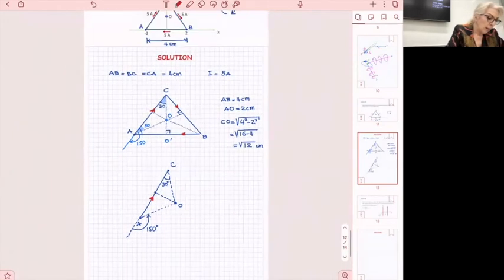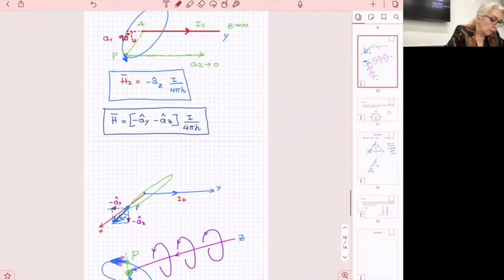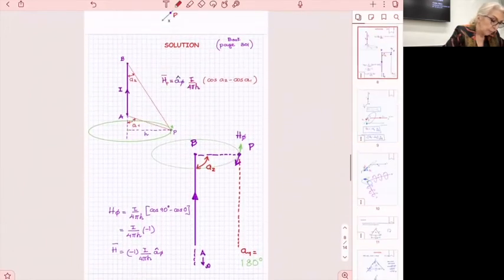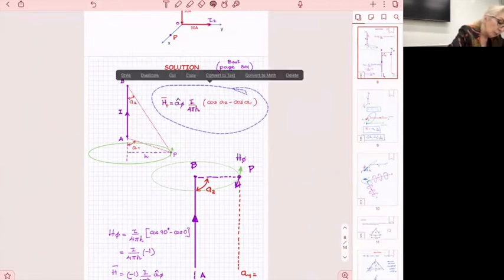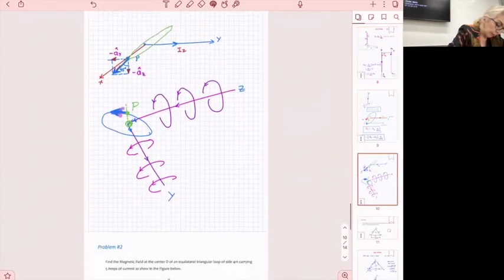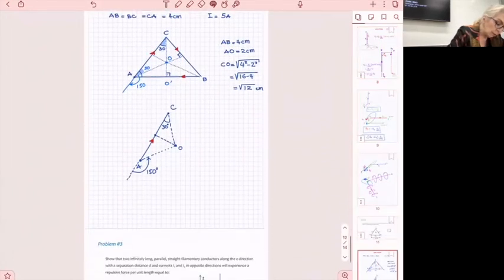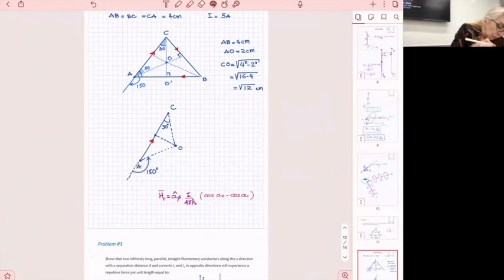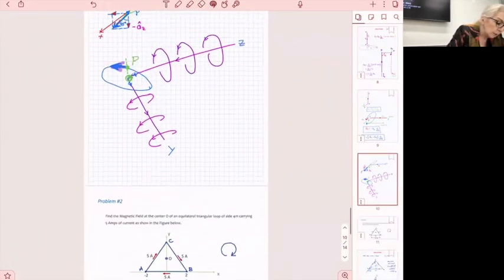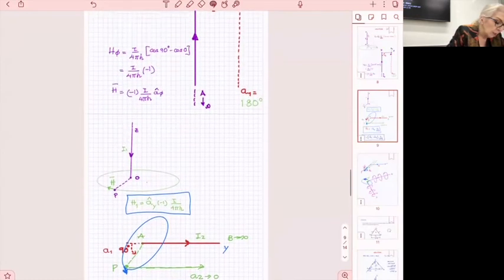So if I go back to this formula here, I can take this one, copy it, and go down here and paste it. Now, A2, let me see, I need to remember what A2 is.